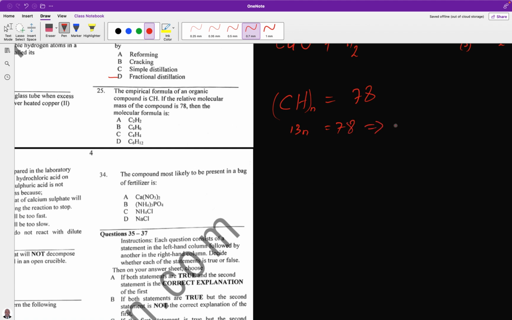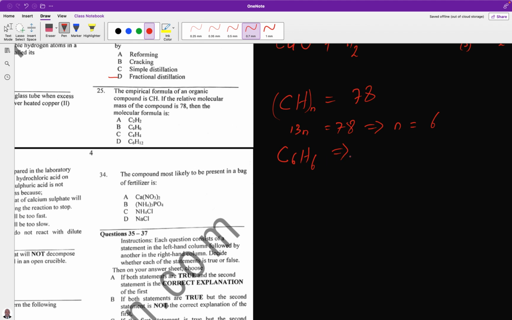And what should be the value of n? n should be 6. And if we substitute n into this empirical formula here, we will have C6H6, implying that we will be having benzene as our formula.